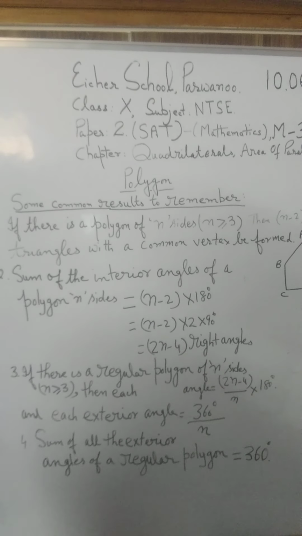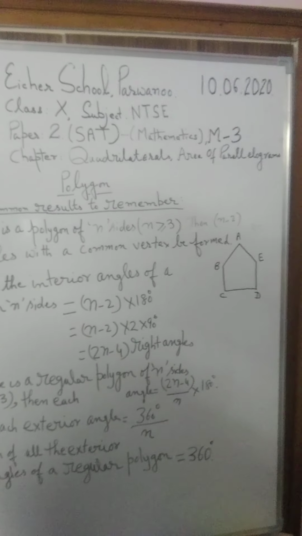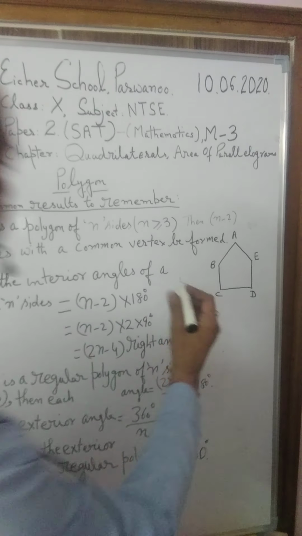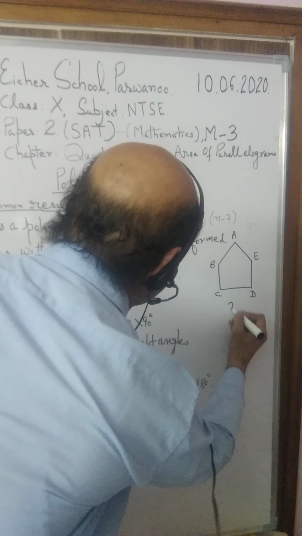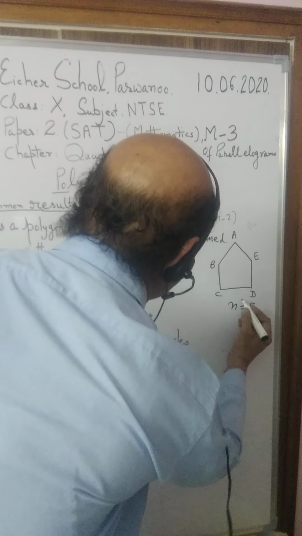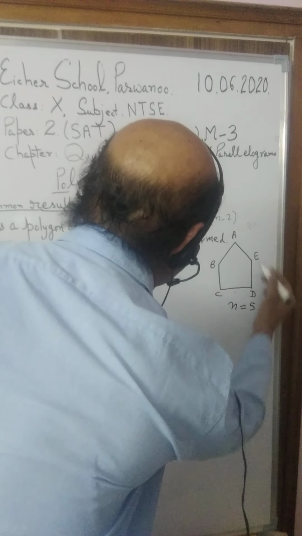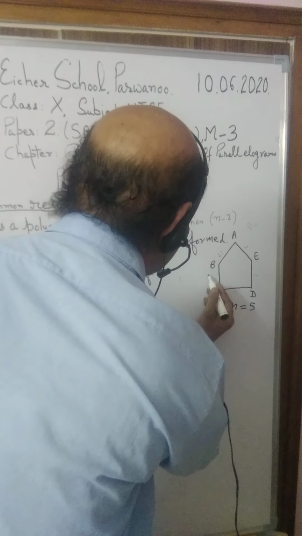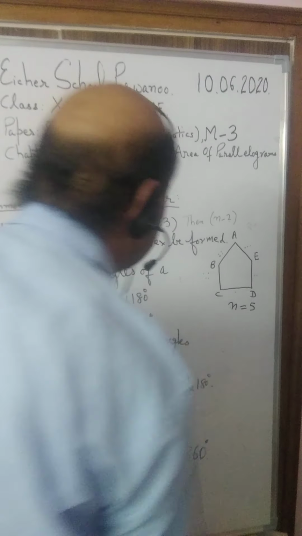See here. Clearly it has n equal to 5 sides: 1, 2, 3, 4 and 5.